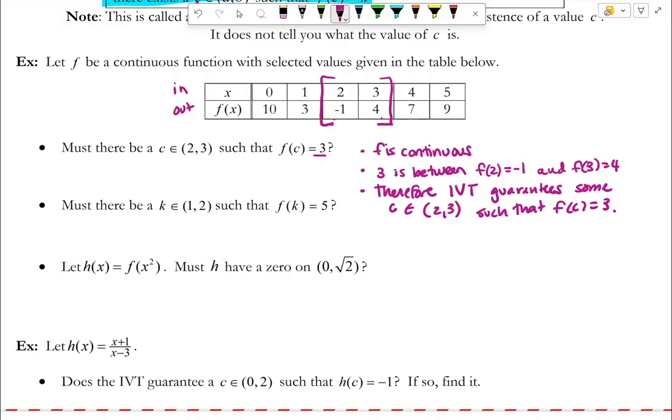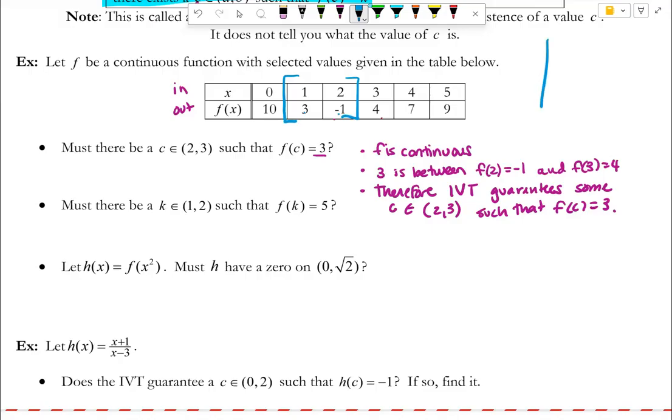All right, let's look at the next bullet point. Must there be a k on the interval 1 to 2 such that f of k is 5? So I'm going to erase this. I'm going to look at 1 to 2. From where x equals 1 to x equals 2, we have the outputs 3 and -1.